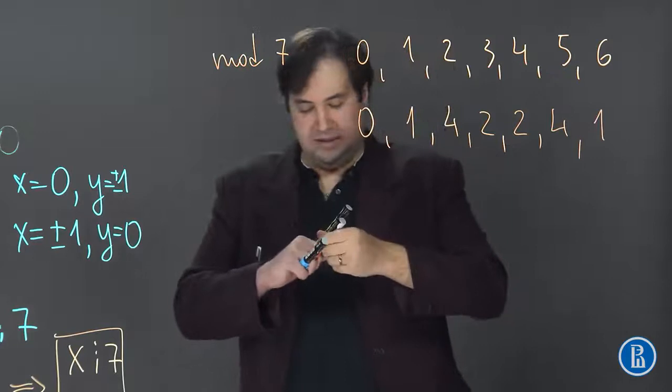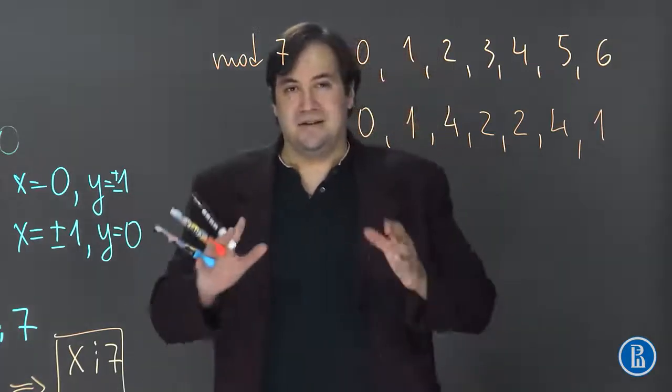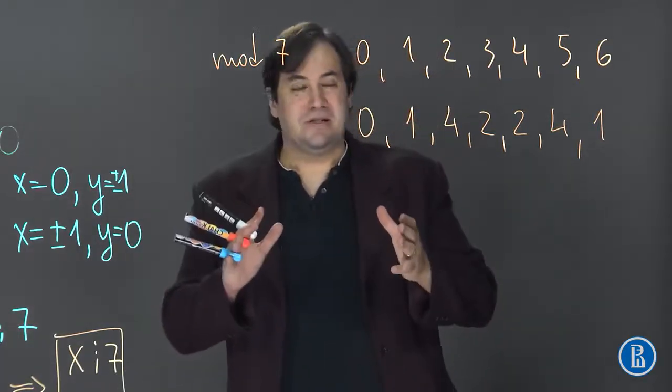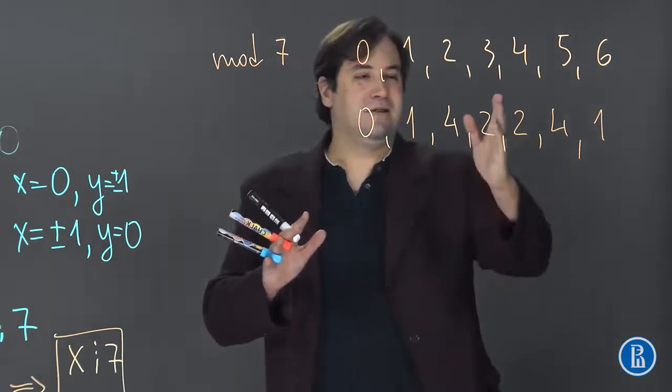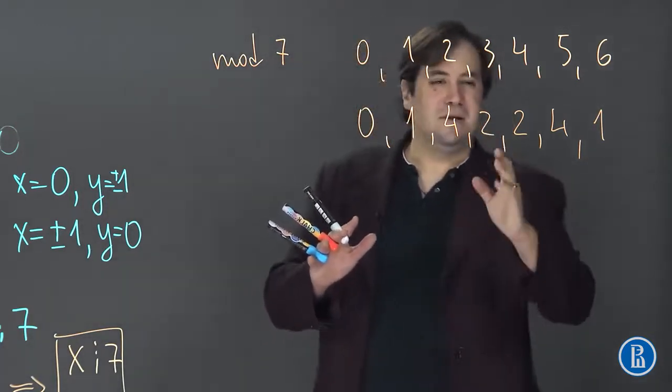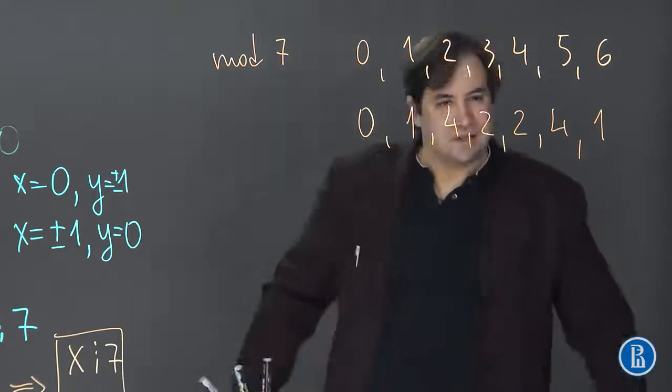Well, as you can notice, of course, the remainders of squares are symmetric according to the midpoint of this sequence.